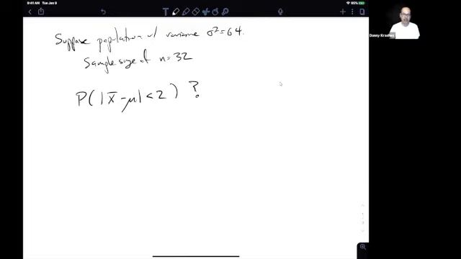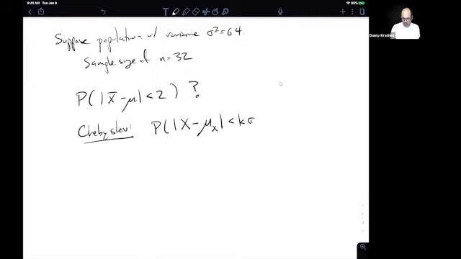for applying to this kind of problem. For example, Chebyshev's inequality. Chebyshev says that the probability of any given random variable being within k standard deviations of its mean is at least 1 minus 1 over k squared.